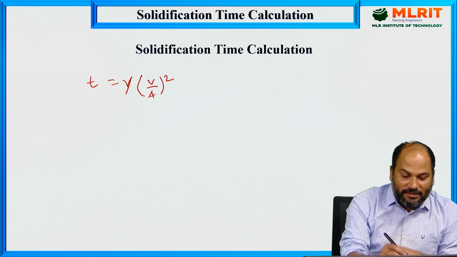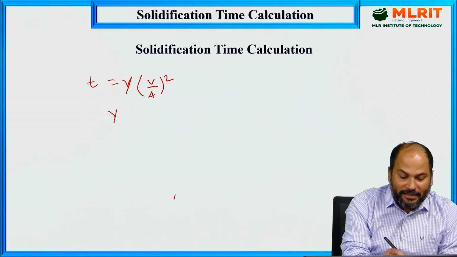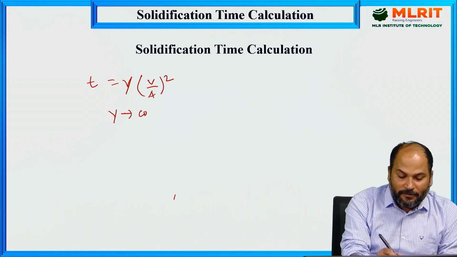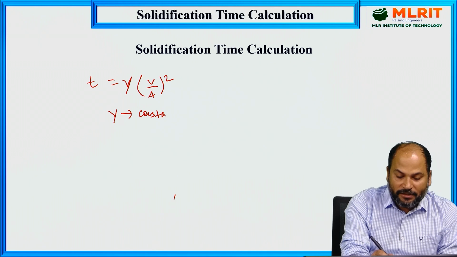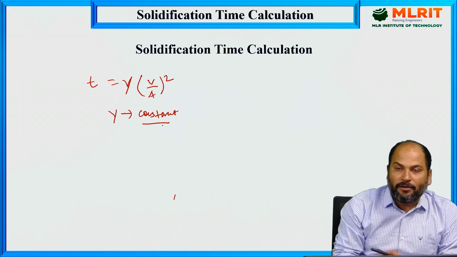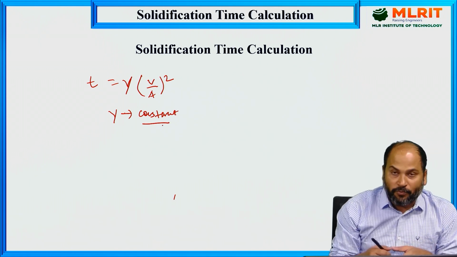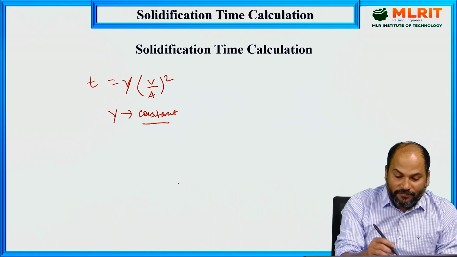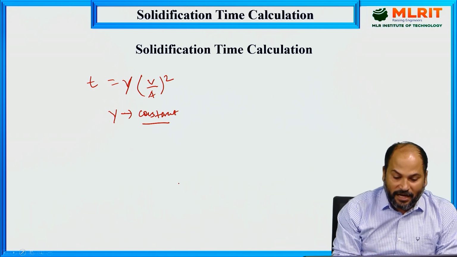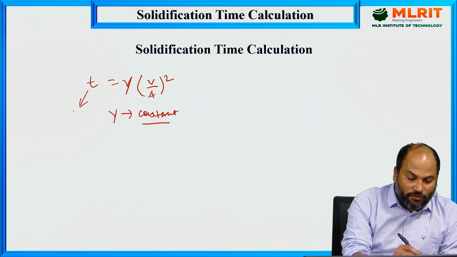So this is a constant actually. Gamma is a constant. It is totally dependent upon the material that we are pouring, and V is the volume and A is the surface area, and T is of course the solidification time.